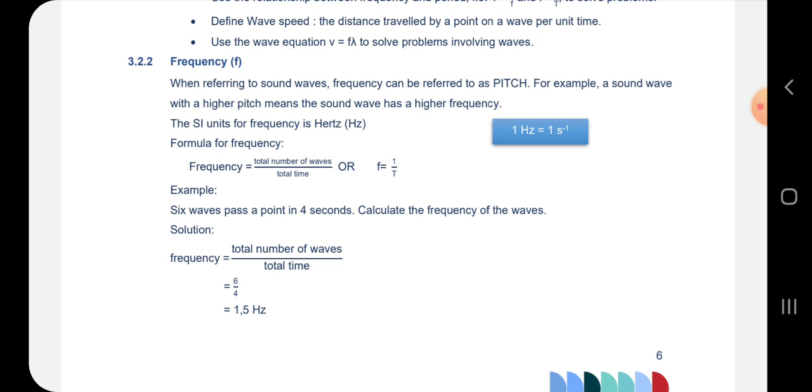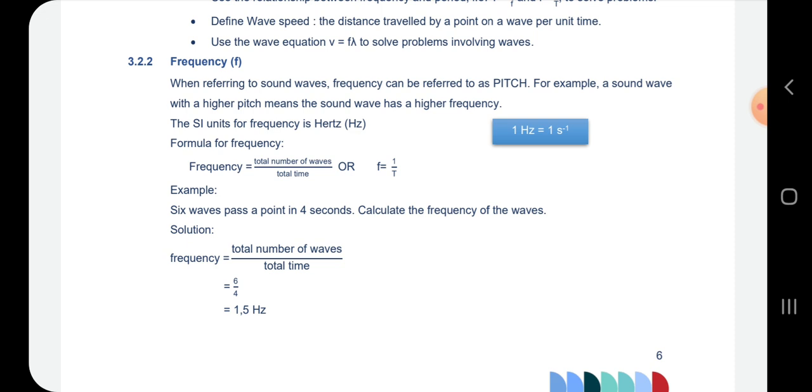The formula for frequency is the total number of waves divided by total time, or we can say frequency is 1 over time. If you know the total number of waves, you write the total number of waves and divide it by total time. If they've given you time and not the number of waves, you just say 1 over the time that you had been given.